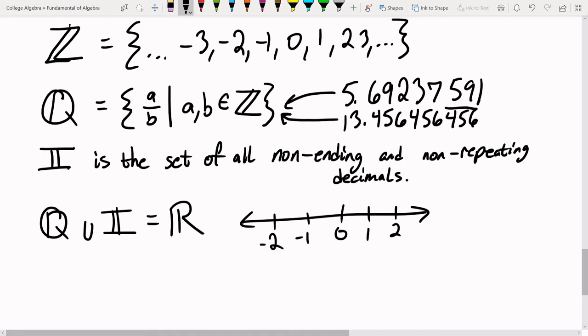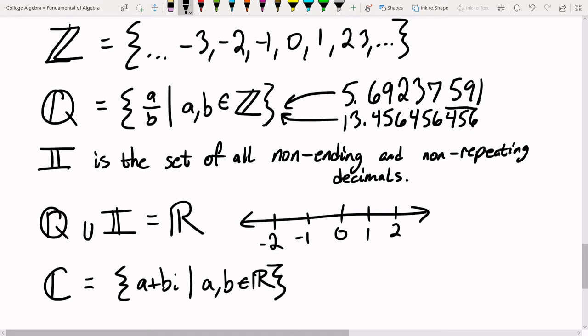There is a more complete system that's called the complex system, which we will not really get into here because it uses the imaginary number i in it. That's just the set of a plus bi, where a and b are real numbers. They can be any one of these previous sets that we've discussed.